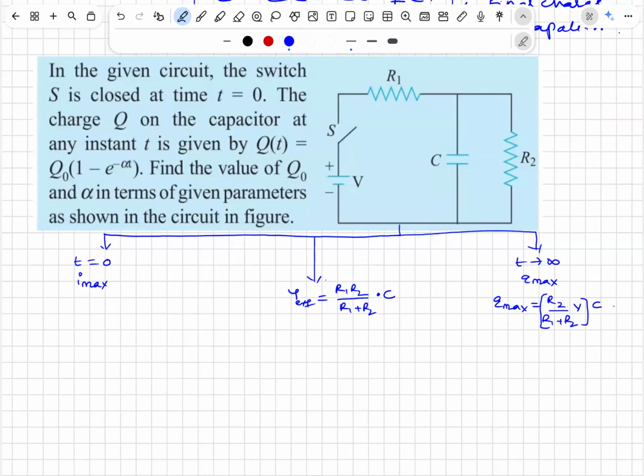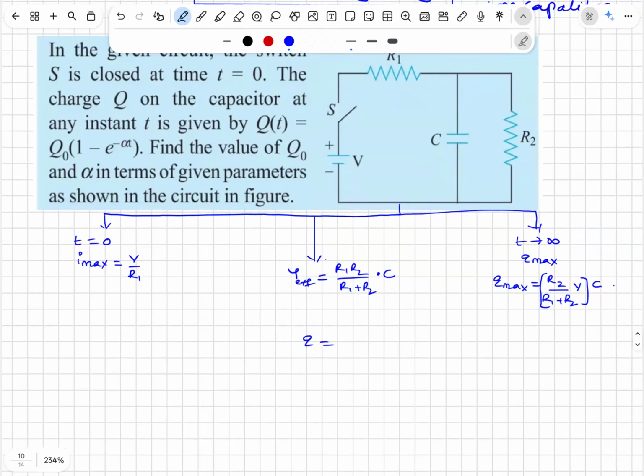How? I'll explain. Q is equal to Q maximum times 1 minus e to the power of minus t by tau. The alpha term is nothing but 1 by tau. It is nothing but R1 plus R2 by R1 R2 C. This is Q naught.